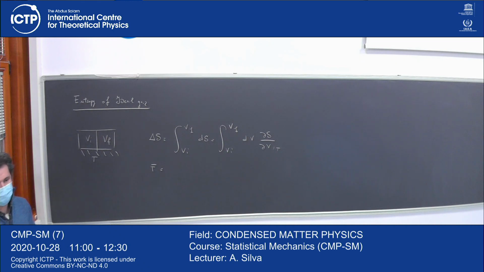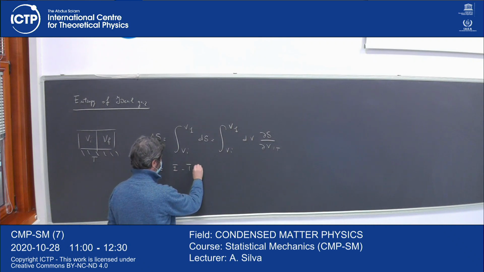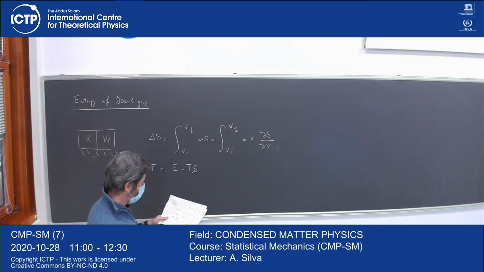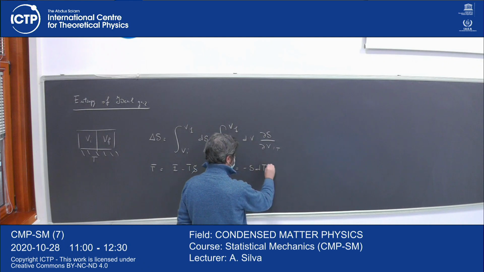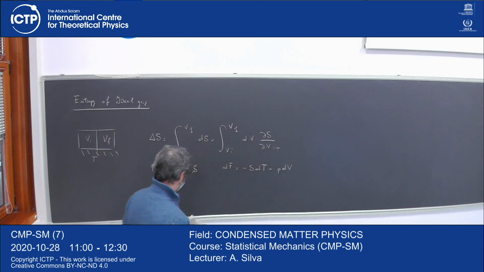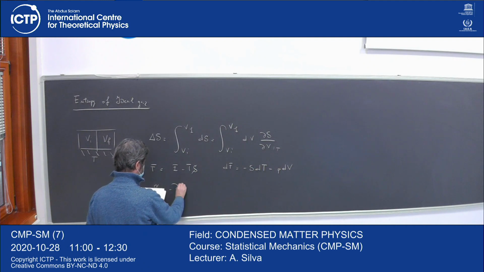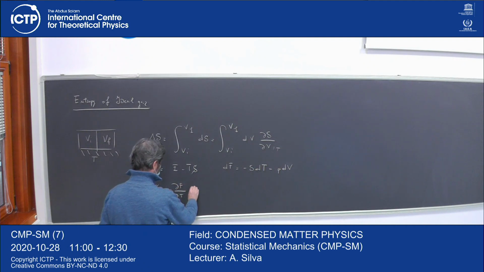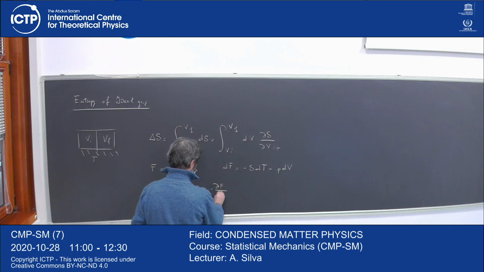So what kind of thermodynamic potential would we use? Helmholtz free energy, correct. Which is F = E minus TS. And in particular, what I know is that dF is minus S dT minus P dV, and therefore S is equal to minus dF/dT, and P is equal to minus dF/dV.